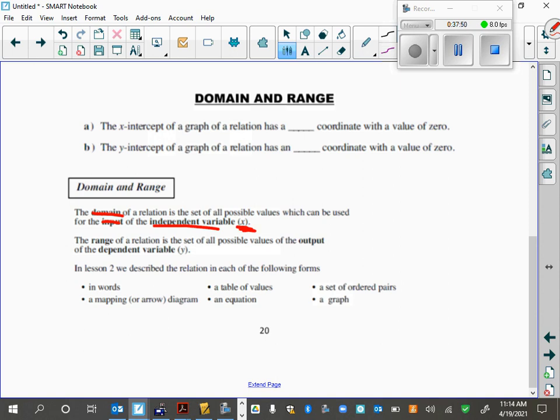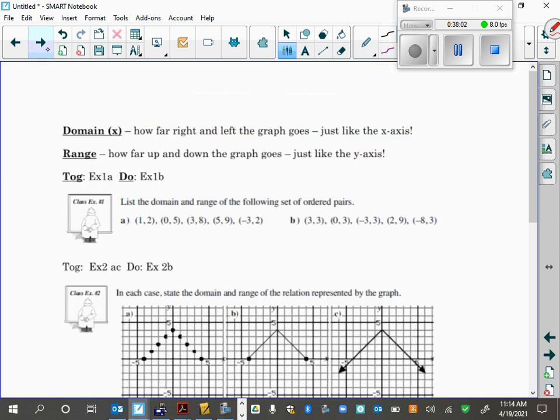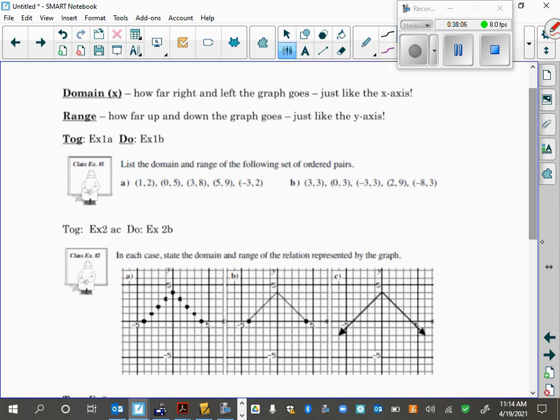Domain means X, all possible values of X. Range means all the possible values of Y. That gives you the meaning, the understanding of what domain means.